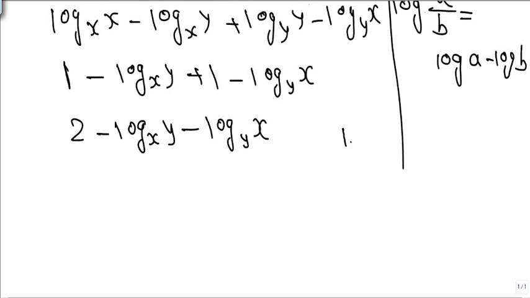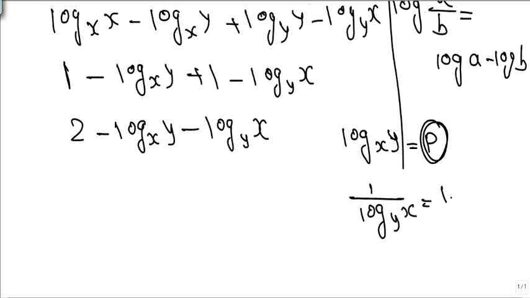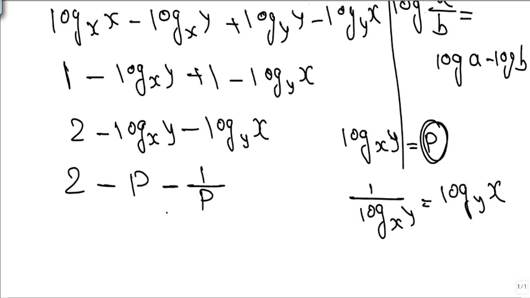Somehow, let's say if I write it here, log to the base x y is nothing but, let's say, p. Look, we know very well, mind well, 1 upon log to the base y x is nothing but log to the base x y, or if I want to write it this way, 1 upon log to the base x y is nothing but log to the base y x, one and the same thing. So now 2 minus p minus 1 by p.